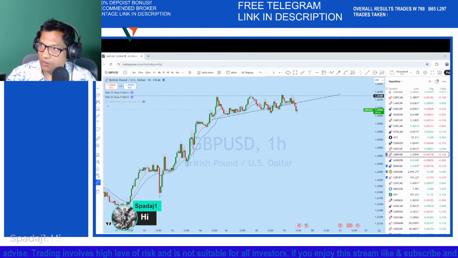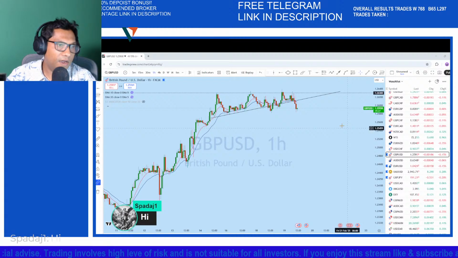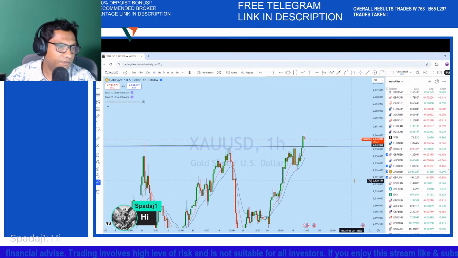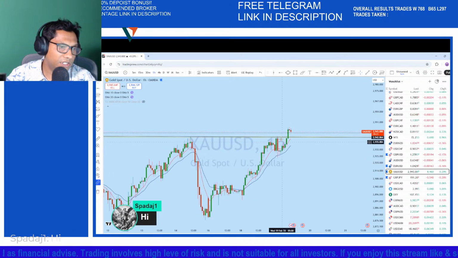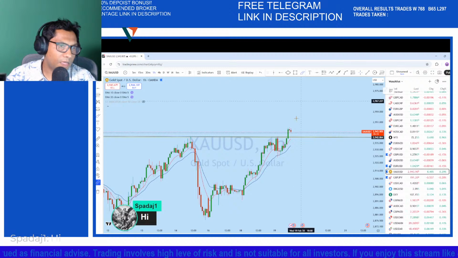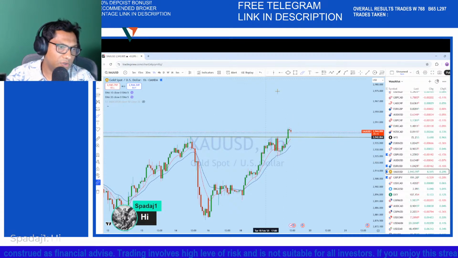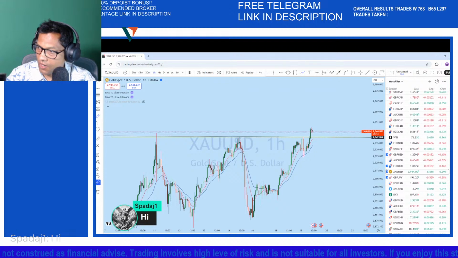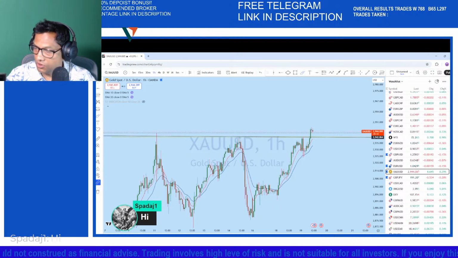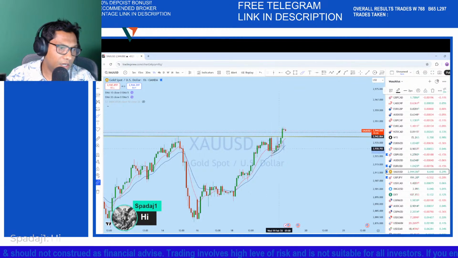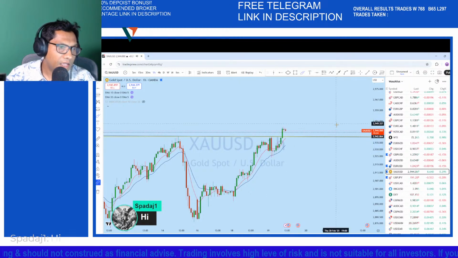We are beginning the full multi-time frame analysis to see how we can find opportunity in the market. As you can see on XAUUSD, there was a liquidity grab, and then the market bounced from that liquidity grab with stronger momentum, which is a bull market at the moment.